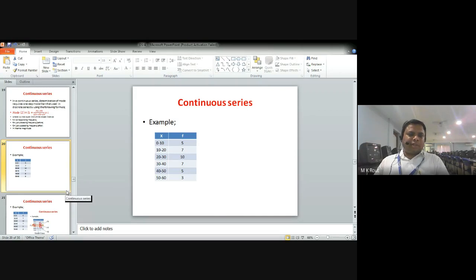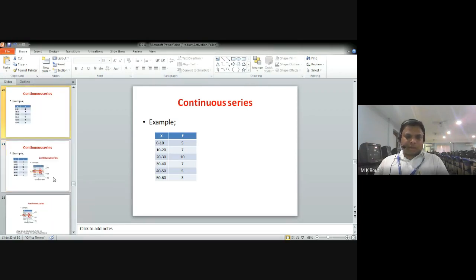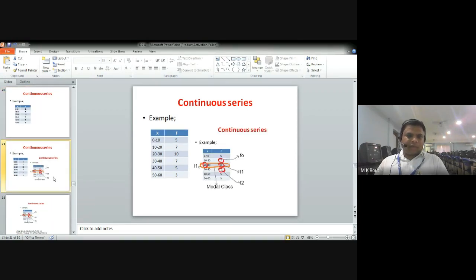So before solving this one, first we calculate the different values like L1, F0, F1, and F2. In this case, the highest frequency belongs to 20 to 30. That means for calculating the lower limit, L1 equals 20.